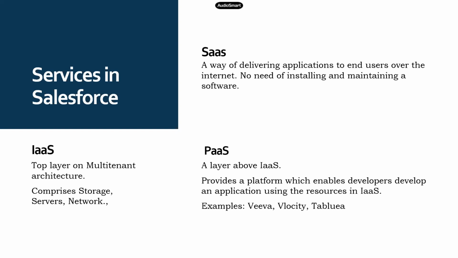It's just online, so all they need is an internet connection and a browser. No need to install any software and no need to maintain anything. So this is what we usually do in Salesforce. We use the SaaS capability: the Salesforce data model, objects, fields, custom objects, and a whole lot of customizations. We build an application for the end client.